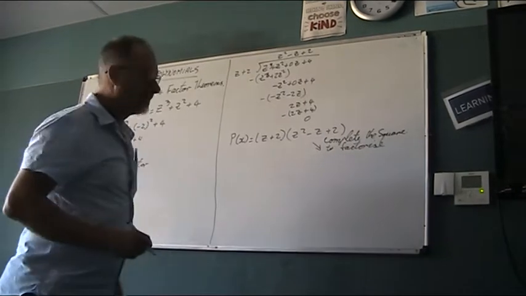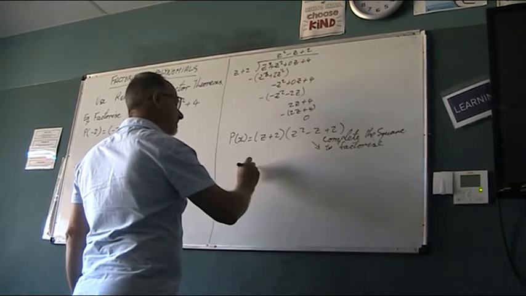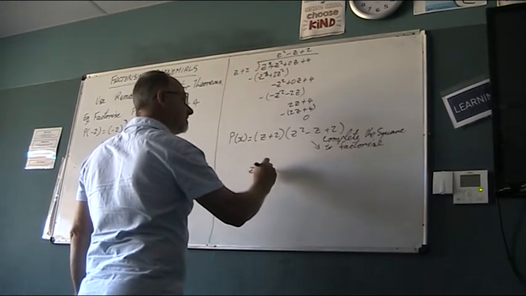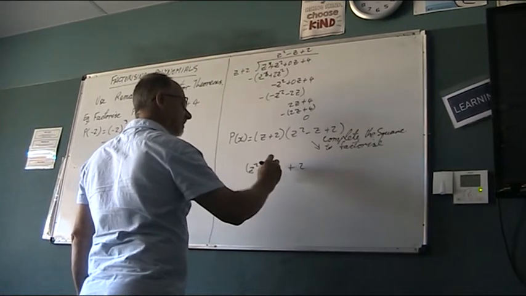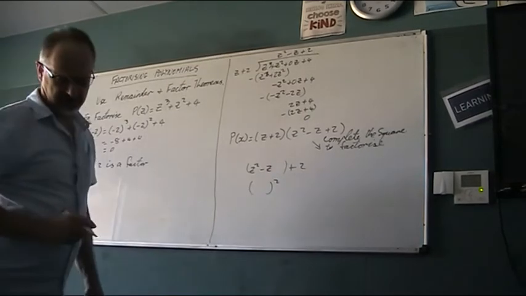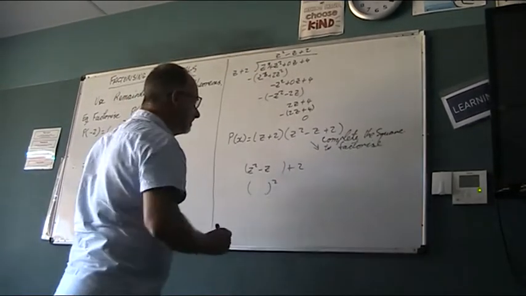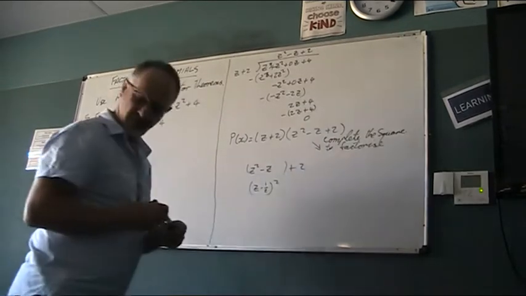Alright, so I'm just going to work with the z squared minus z plus 2 part, and then come back. So next line down is z minus a half, squared.